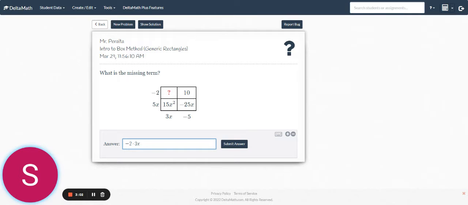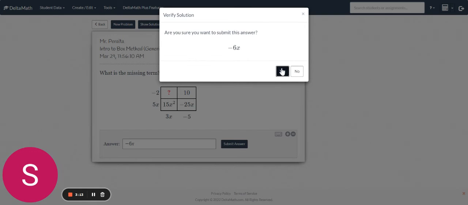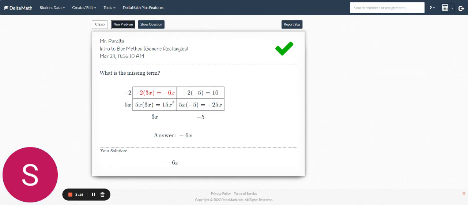I just put that there so you could see it. And so that becomes negative 6x, which goes in that question mark right there. I'm going to put it in there. Notice negative 2 times 3x is equal to negative 6x. So all we're doing is just typing in the answer. Notice I typed in this whole thing here, but only to show you how it worked.